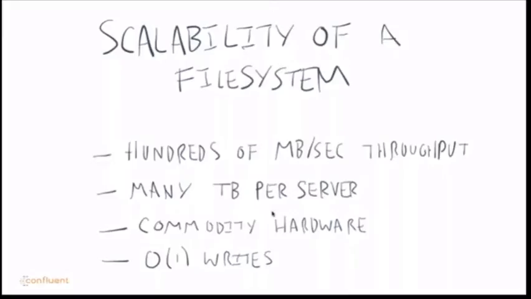It needs to run on commodity hardware so you can add more capacity cheaply. And most importantly, writes need to be constant performance. As more and more data accumulates in the Kafka cluster, it can't get slower. All of these are really important to any of the big data stream processing workloads. If I didn't have this ability to scale cheaply, it wouldn't work well.